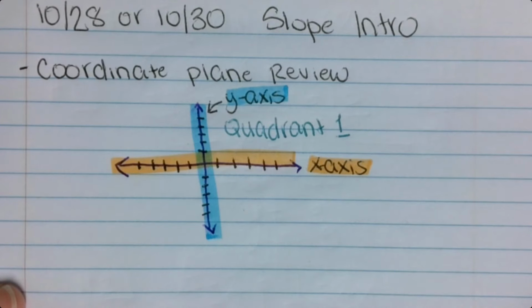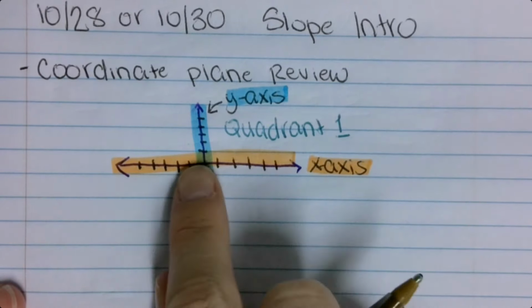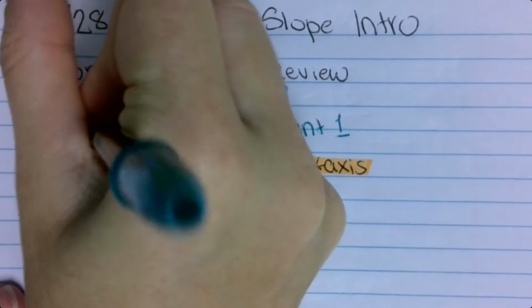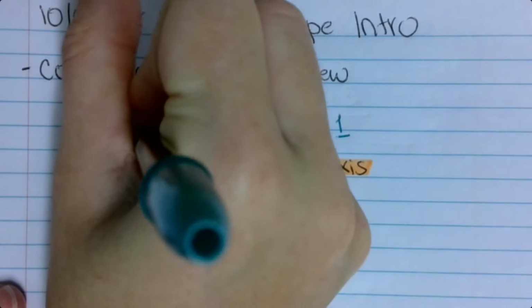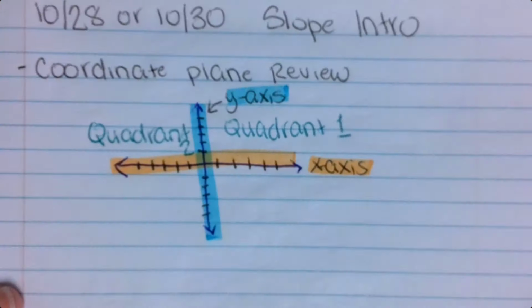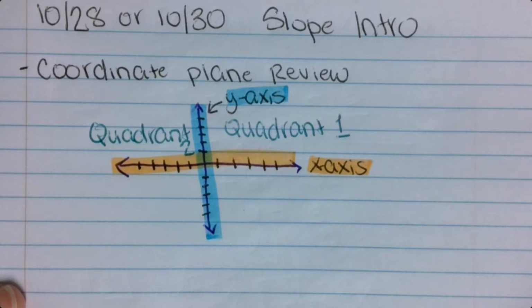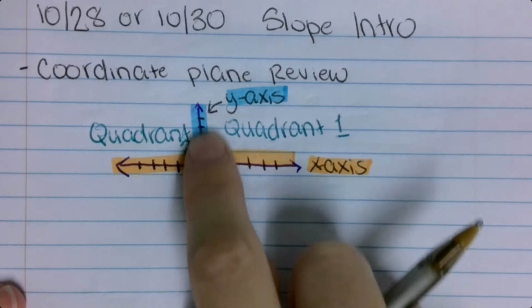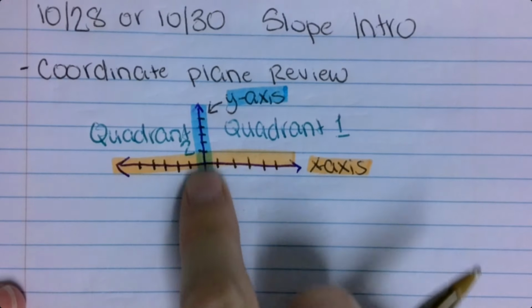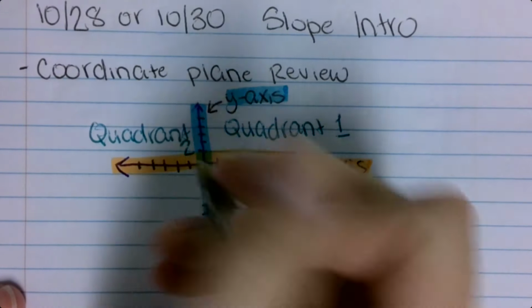From there, you learned your negative numbers to the left, so that's going to be quadrant 2. All right? Then when you were in about 5th or 6th grade, you learned that the y-axis existed, and the numbers got positive and negative up and down as well.